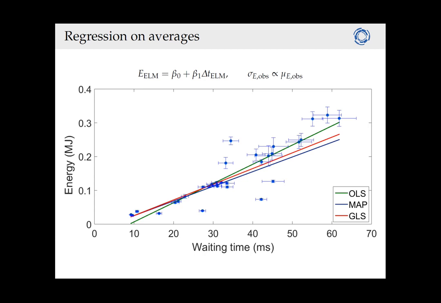And the advantage is that if you assume that in reality the uncertainty on these points is actually larger, then you are able to lower the slope of the estimated regression line, and hence better take into account the relative uncertainty of these points versus the uncertainty on these points.